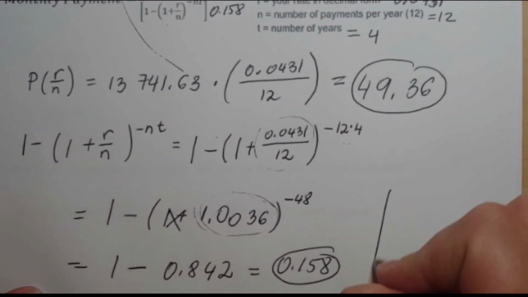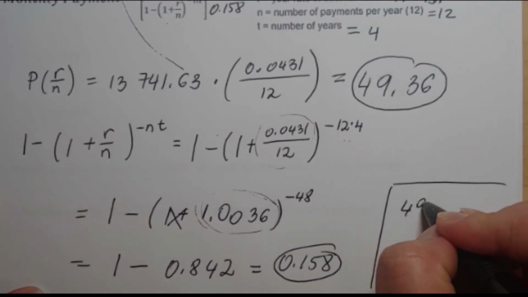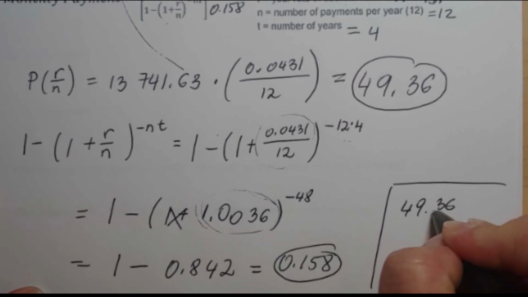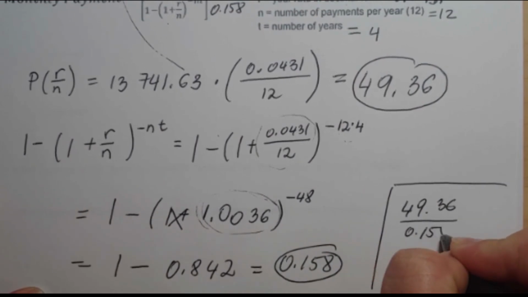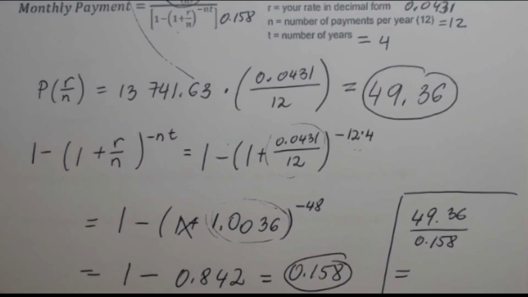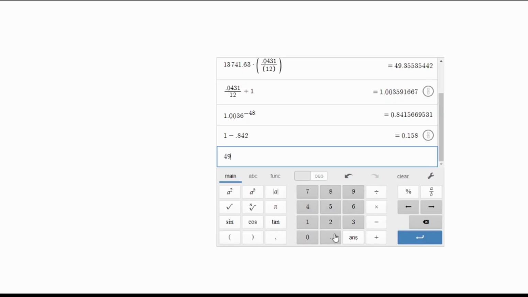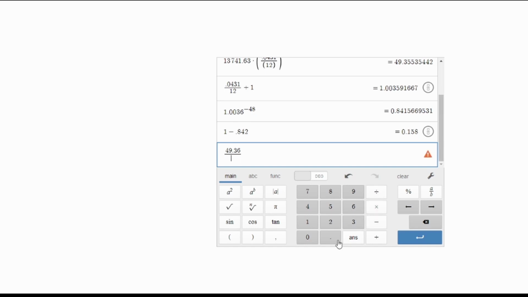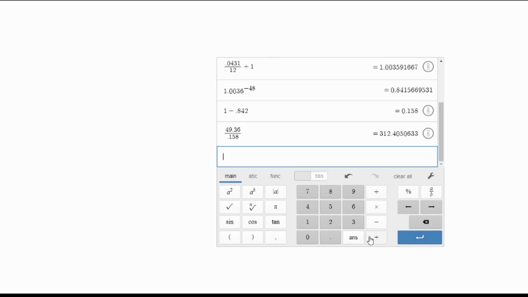So I'm going to take 49.36 divided by 0.158. And that equals to $312.41.